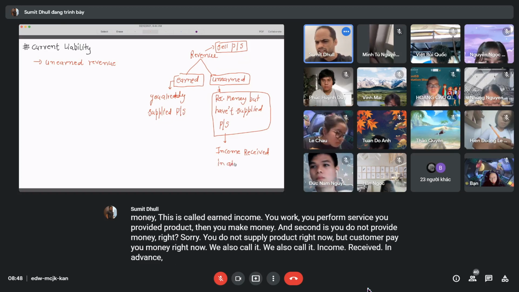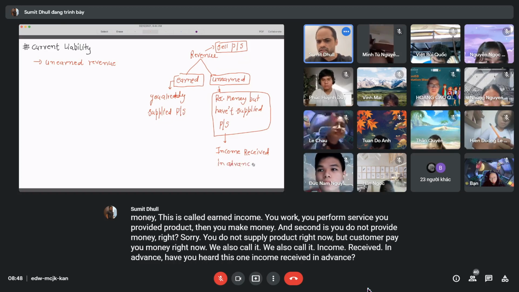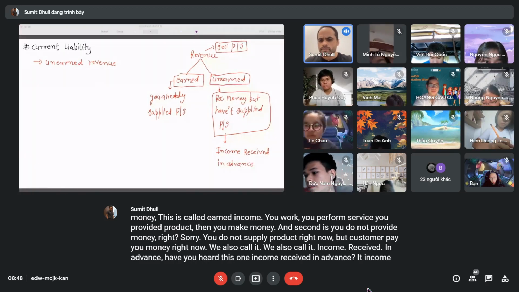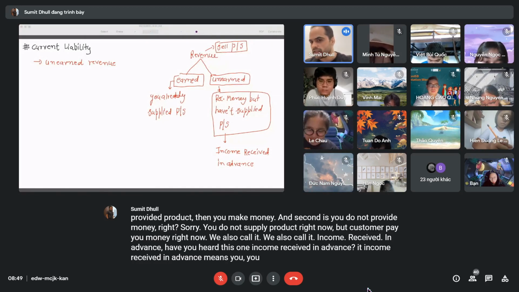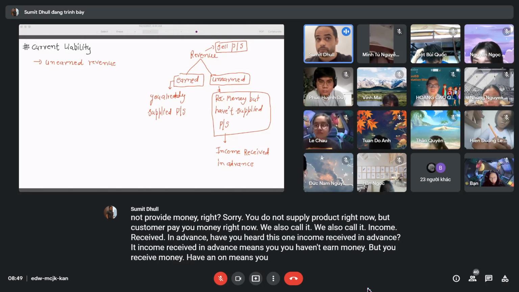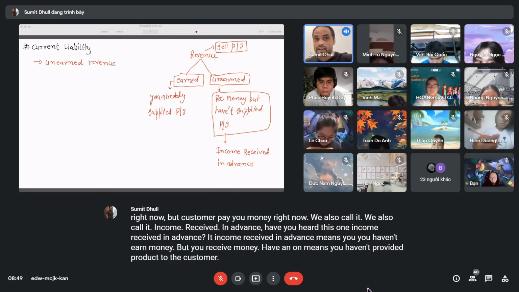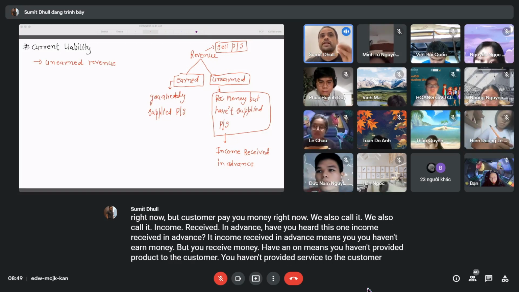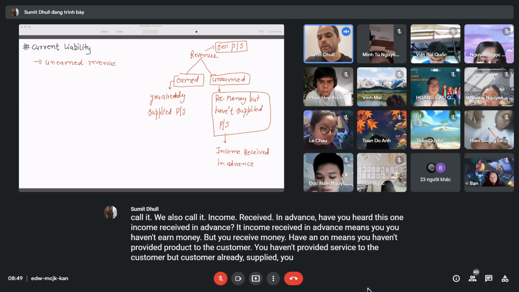Have you heard this one, income received in advance? Income received in advance means you haven't earned money, but you receive money. You haven't provided product or service to the customer, but the customer already gave you money.